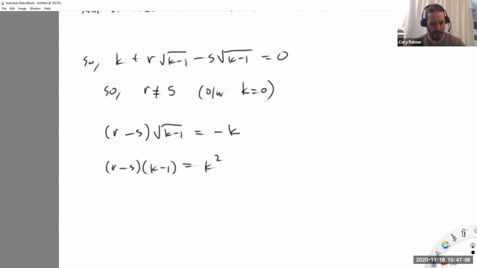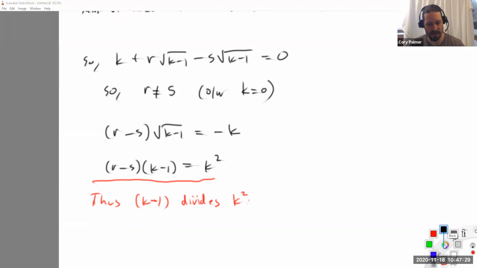And now, here's where we're finally going to get a contradiction here. This equality implies K minus 1 divides K squared, right? K minus 1 times something equals K squared. So K squared is divisible by K minus 1. And this doesn't usually happen, okay?